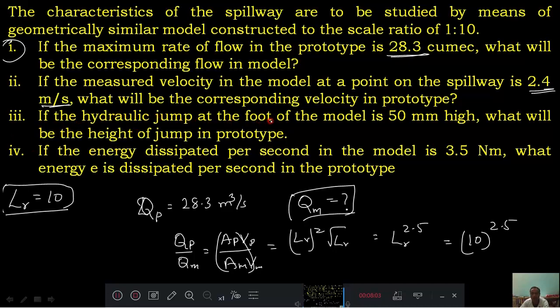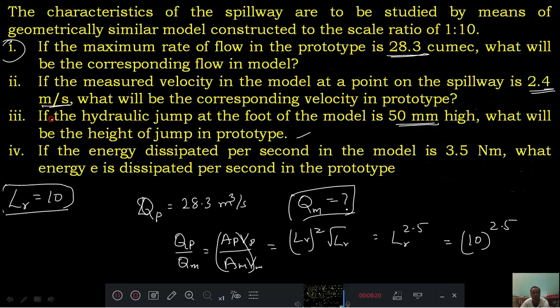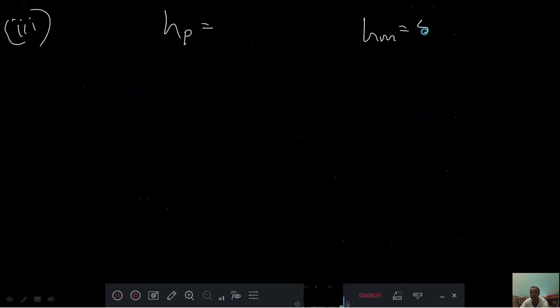If the hydraulic jump at the foot of the model is 50 mm high, what will be the height of the jump in the prototype? Oh God, small problems they are asking. Height of the jump in prototype, height of the jump in model. What is given? Height in the model is given, 50 mm. Height means length.